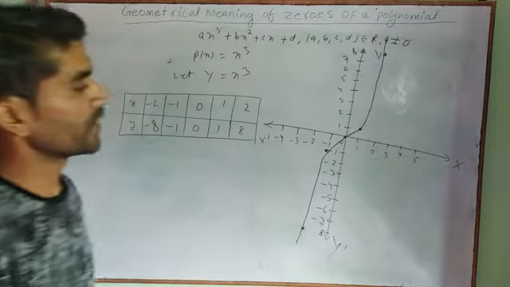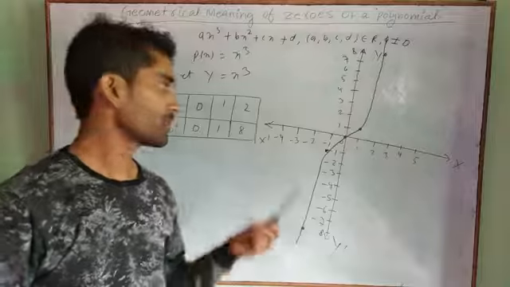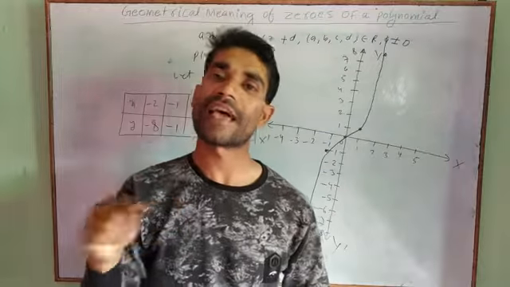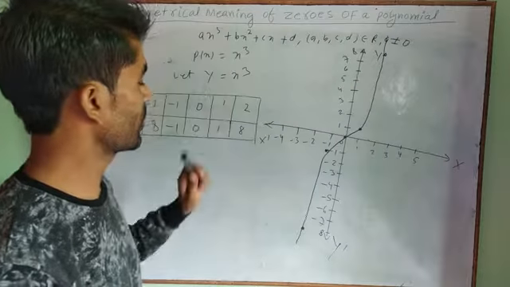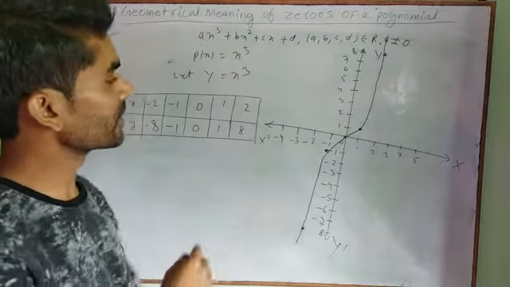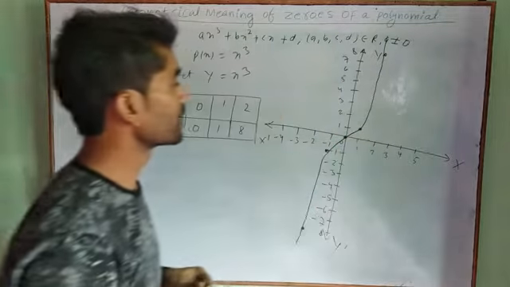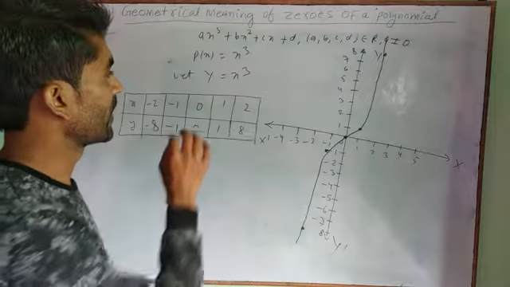So what we observe is that this is a cubic polynomial, right? In the last example, we saw that the graph was intersecting the x-axis at 3 different places. But in this example, the graph is intersecting at only one place, that is 0. So the zero of this cubic polynomial is only 1, and that is 0.